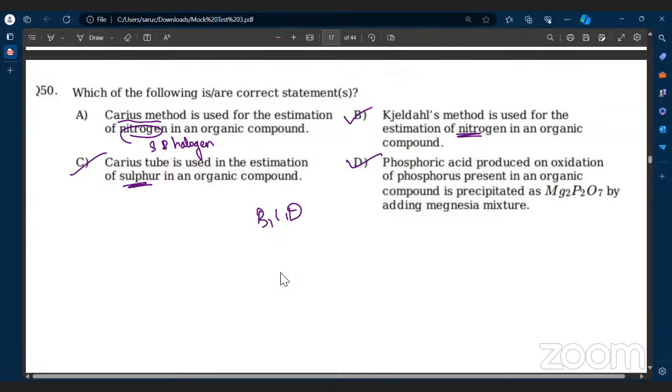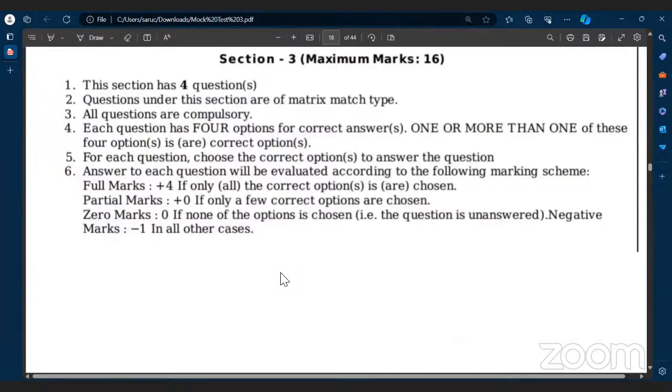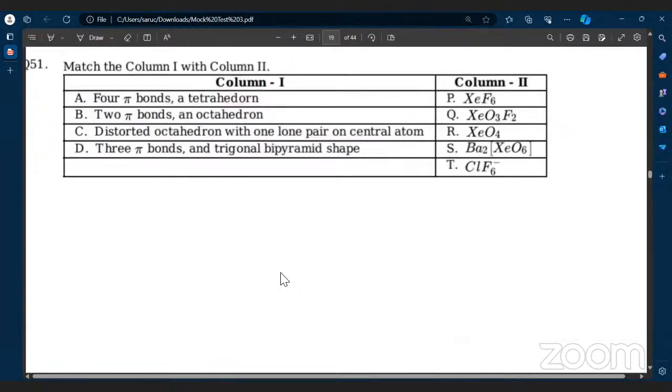Next question. It is a matrix match type question. In column 1, the compounds are given, and in column 2, the number of pi bonds and structures are given.